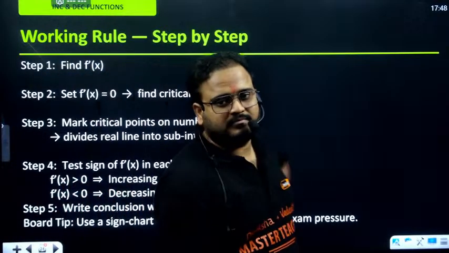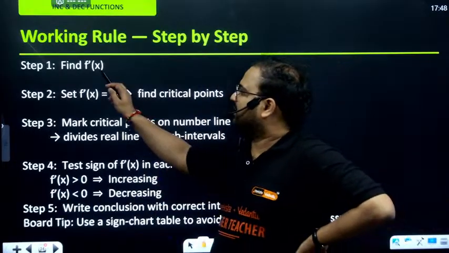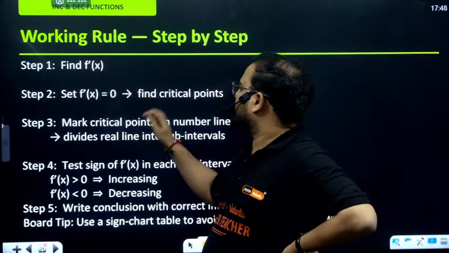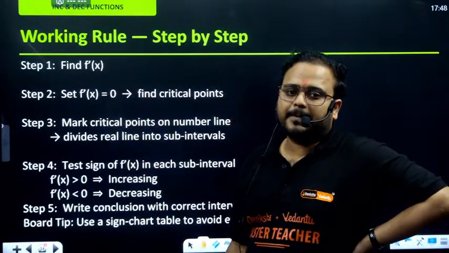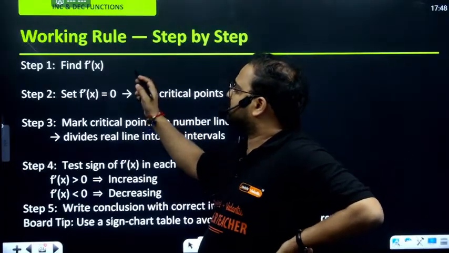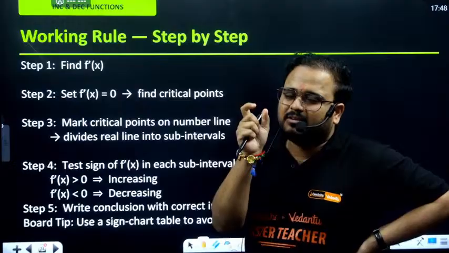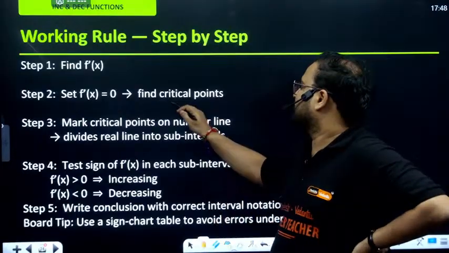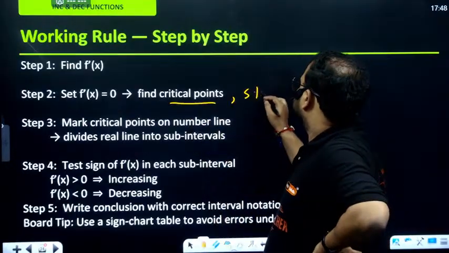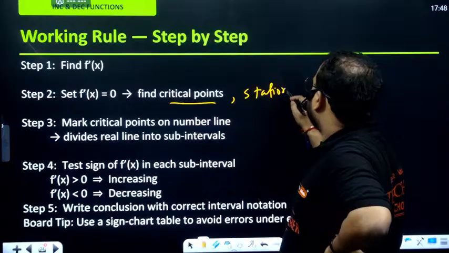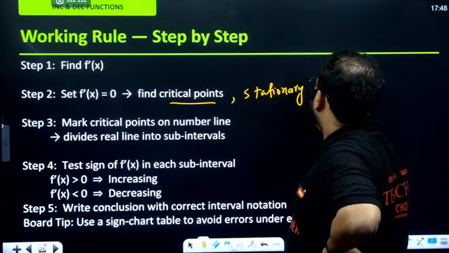Working rule, not a big deal. Find the derivative and set it to 0. This is for finding critical points. Basically, whatever function is given, you find the derivative, equate it to 0, and you'll get the points where the derivative is 0. That's called a critical point. Sometimes we call it stationary points.